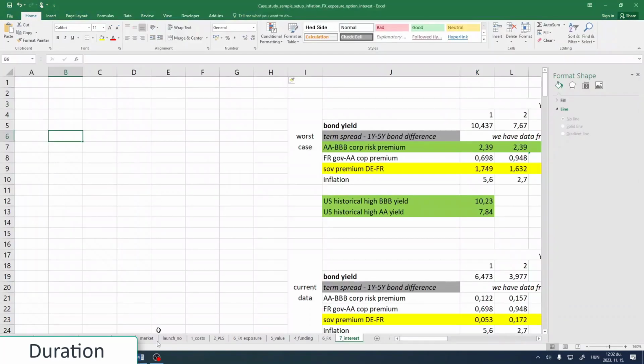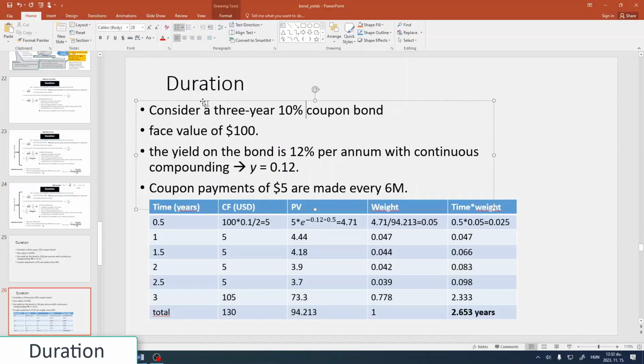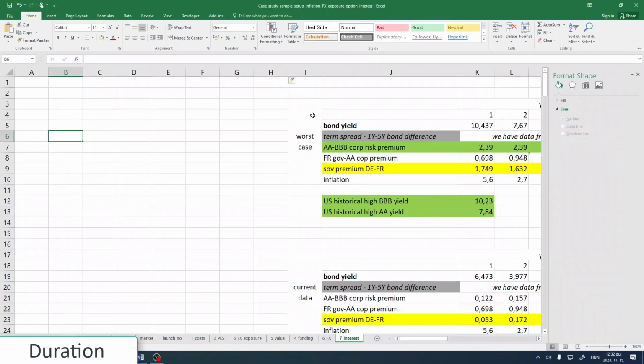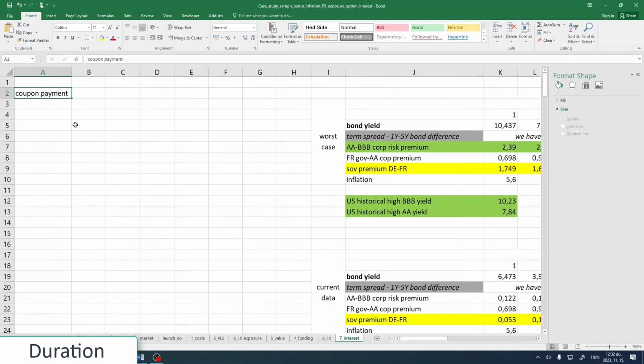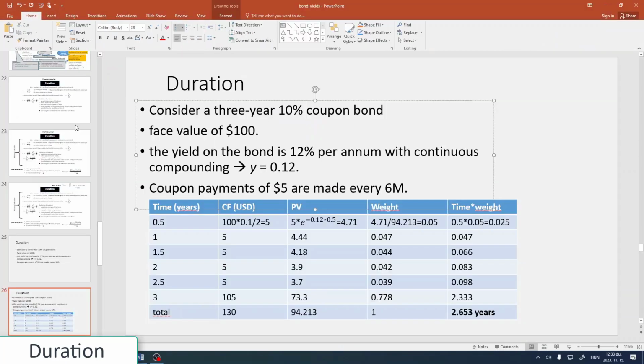What we need here is, okay, what is the coupon payment? Things can be easier if we use a fixed coupon payment, because in this case the present value calculations will not be problematic.